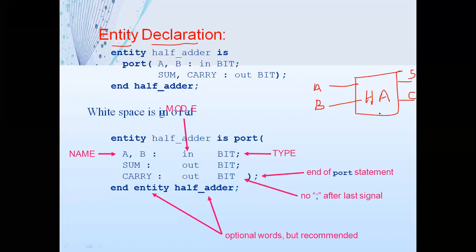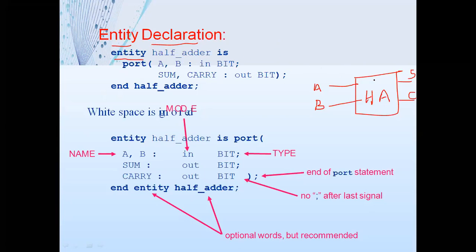So how do we write the entity for this half adder circuit? From the syntax of the entity, the keyword is entity, followed by the entity name.